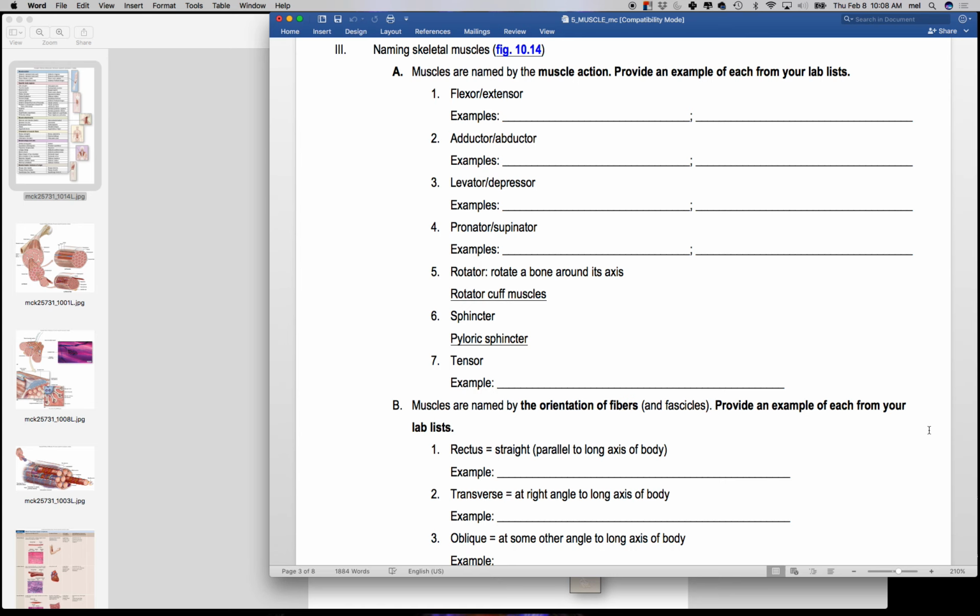Levators and depressors. I know you know one levator. Levator scapulae. Where do you expect to find it on the scapula? Think about it. Not memorization. Where do you want to find something that will elevate the scapula? Superior side. Yes, good. The levator scapulae is on the top side of the scapula.